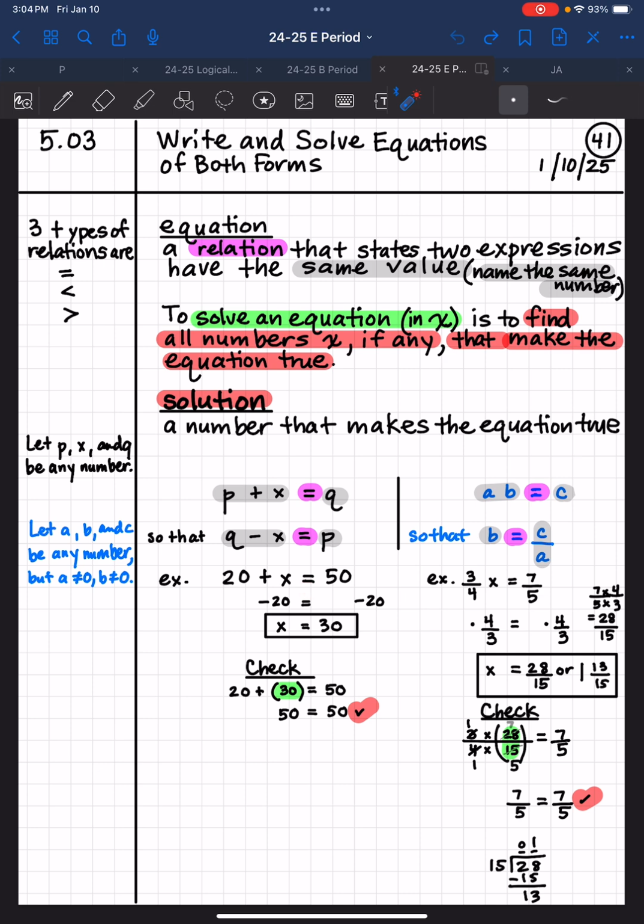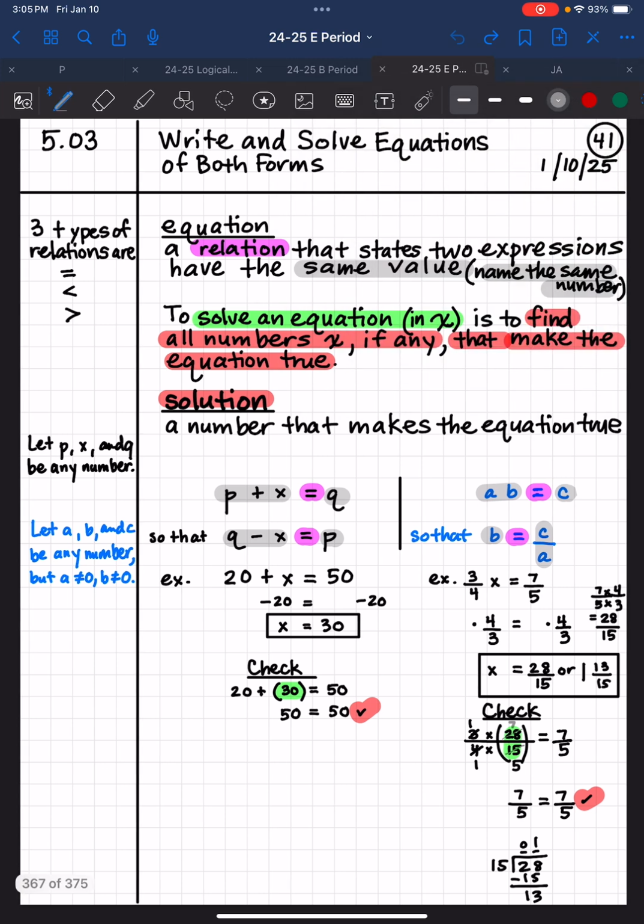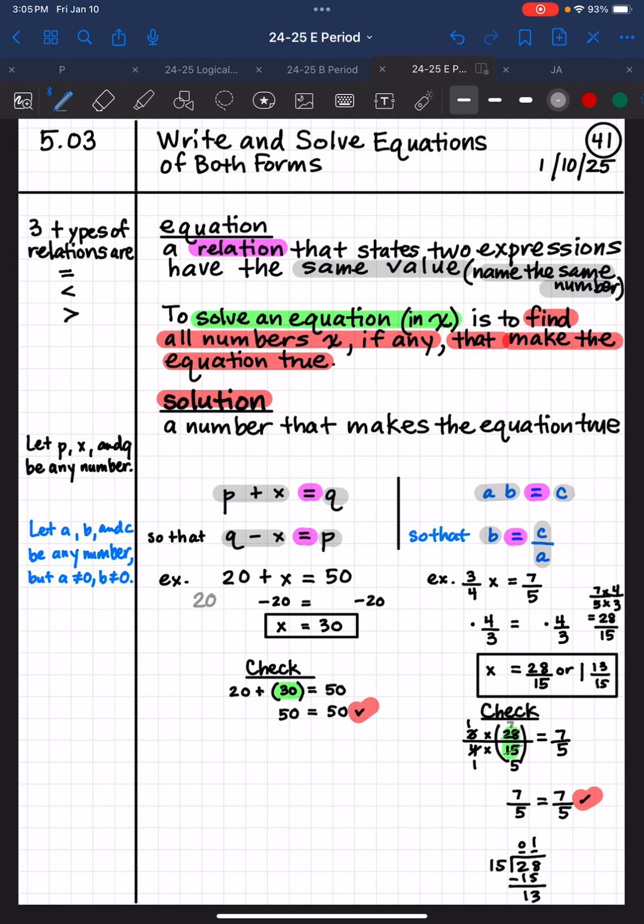So I have x plus 20. If I just want to have the number x, I can subtract a 20 from this number. So I'm going to do that. I'm going to subtract 20 from this number, okay? If I subtract 20 from this number, I also subtract 20 from this number. So this is what I write. I copy the number 20 plus x, which I'll write as x plus 20, because I can do that with addition.